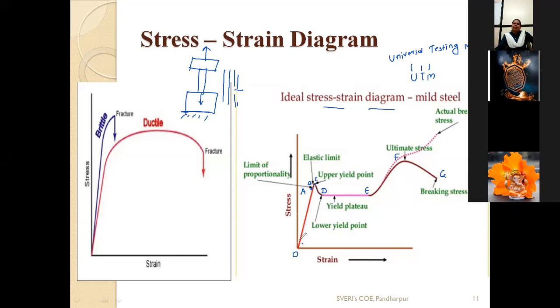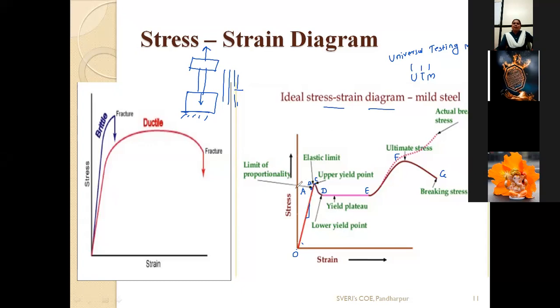So now we will discuss O to A. O to A is the linear portion, and this line indicates the slope of this particular portion. So this O to A portion is called the limit of proportionality.